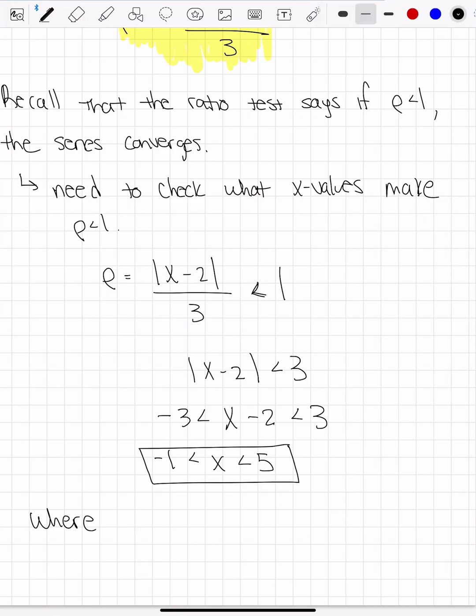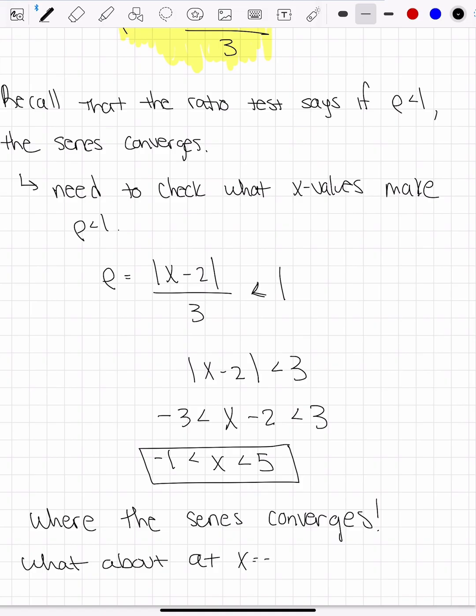the series converges. But remember, we don't know if this works for, so what about at x equals -1 and at x equals 5.